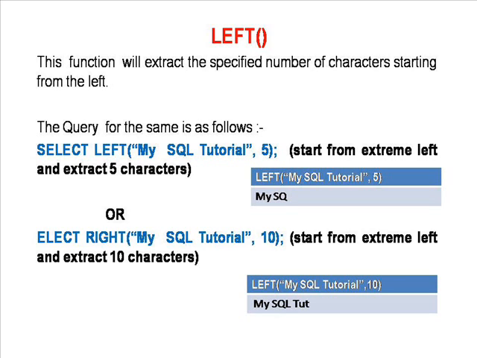This statement will extract that many characters that are given after the comma from the string MySQL tutorial, and while extracting it will take into consideration the spaces between two words also. So the output of this two statements is given alongside the statement. Please verify the answer.